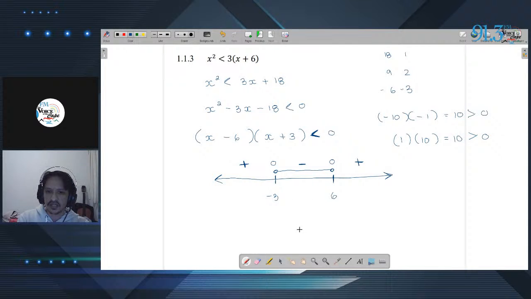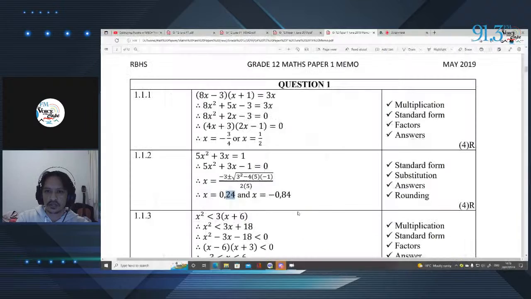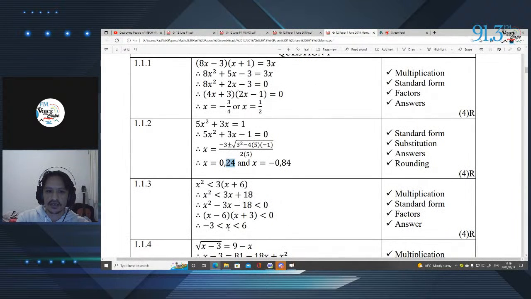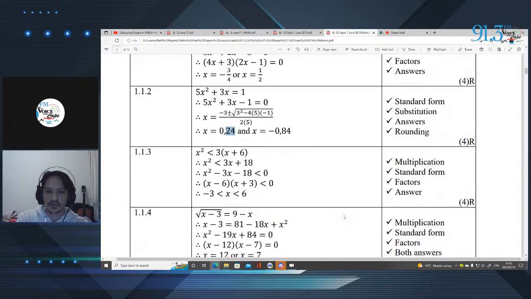So we can say that x has to be greater than negative 3, but less than 6. And that should be your final answer. Let us just take a look. If you go down here, x is greater than negative 3, but less than 6. Perfect. And you'll get 4 marks for that.